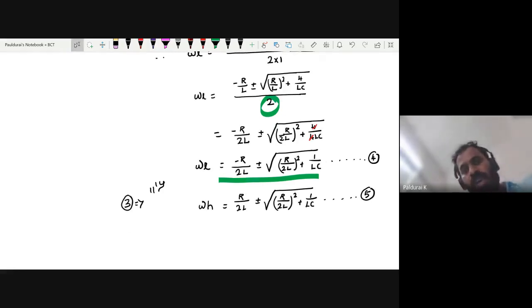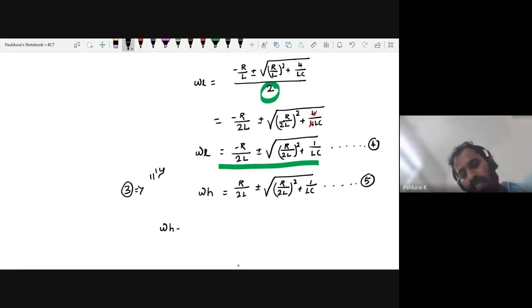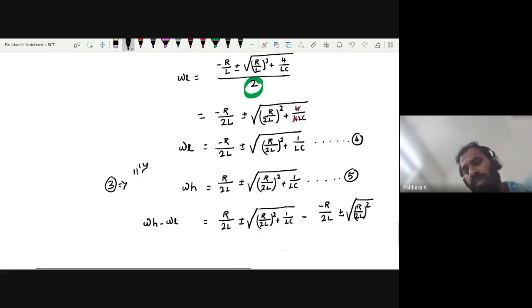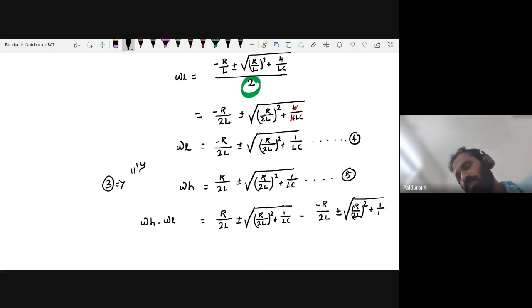I'm looking for bandwidth. So omega H minus omega L. What is it? Omega H equals R divided by 2L plus or minus square root of R by 2L the whole square plus 1 by LC, minus omega L. Omega L is minus R divided by 2L plus or minus square root of R divided by 2L the whole squared, plus 1 by LC.